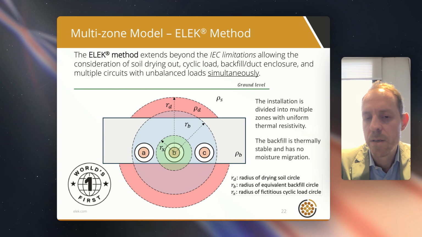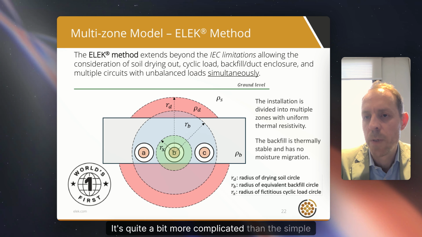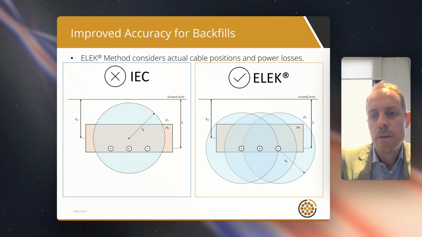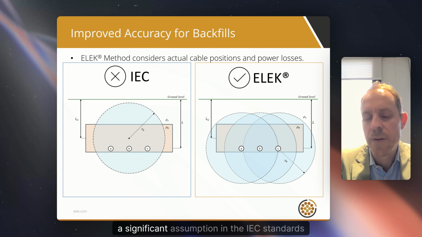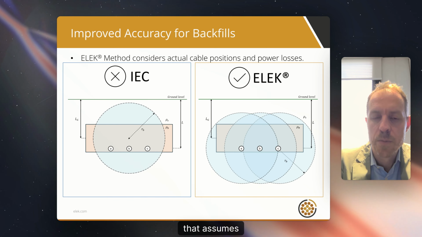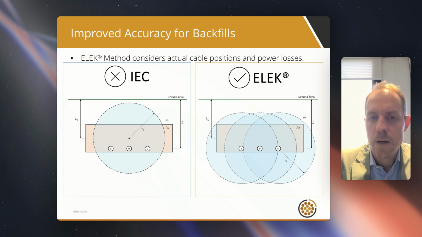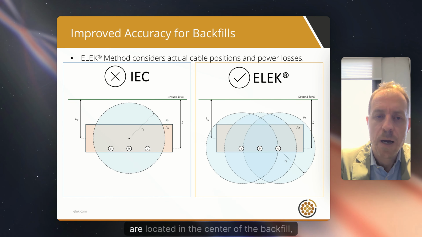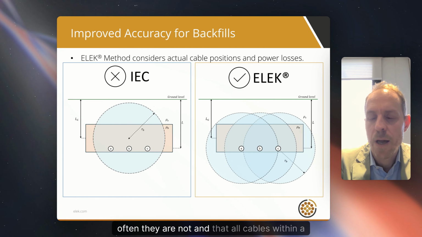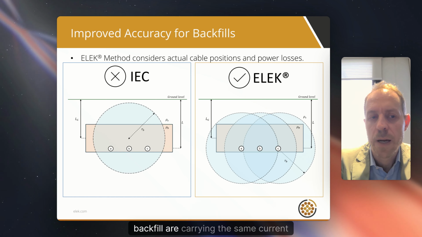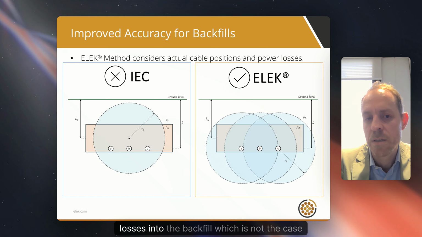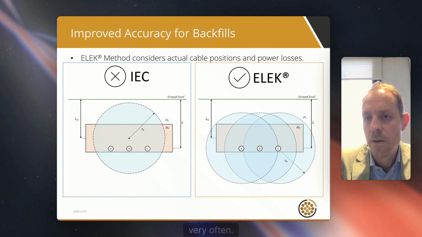The model is shown here. It's quite a bit more complicated than the simple IEC two-zone method. There's also quite a significant assumption in the IEC standards related to backfills. That assumes the cables within a backfill are located in the center of the backfill. Often they are not. And that all cables within a backfill are carrying the same current, dissipating the same losses into the backfill, which is not the case very often.